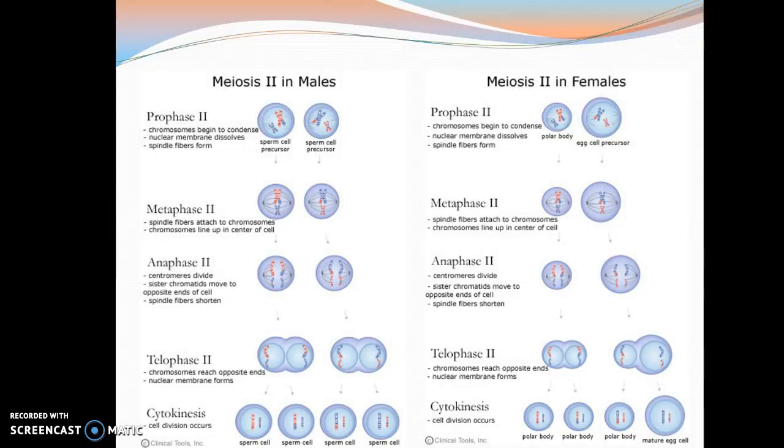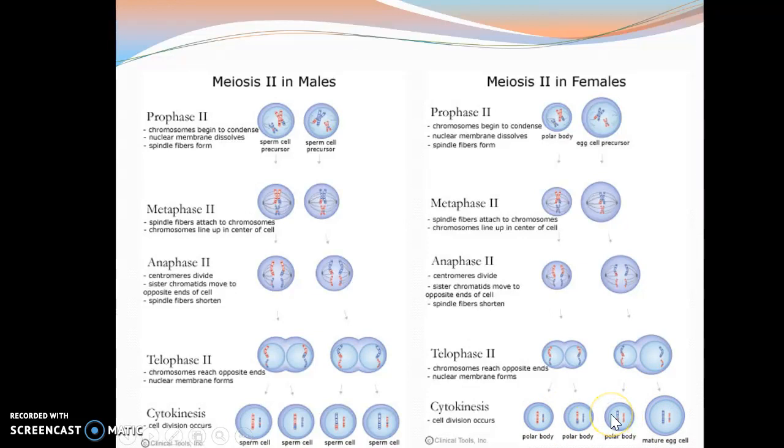All right, so you guys see meiosis 2 in males and meiosis 2 in females. And so at the end of meiosis 2 in males, you have 4 sperm cells that are created. And then at the end of meiosis 2 in females, you have 1 mature egg cell that's created, and the other cells are polar bodies.